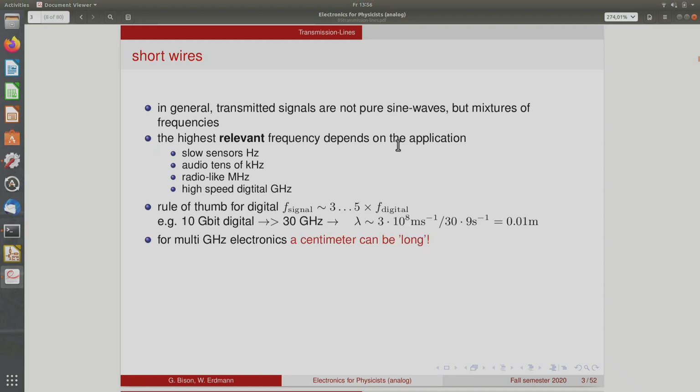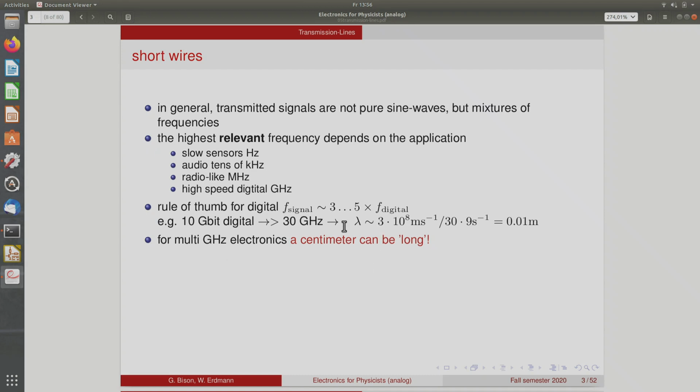If you're doing digital, then the rule of thumb is typically that the frequency you need to consider is about 5 times the digital frequency you're working with. So your analog bandwidth needs to be 5 times the bit rate, for instance. If you do the calculation for a 10 gigabit digital link, that gives you an estimate of a frequency of about 30 gigahertz, according to this rule of thumb.